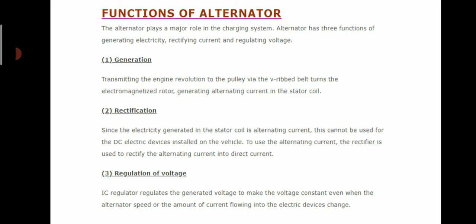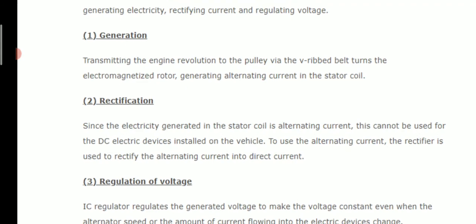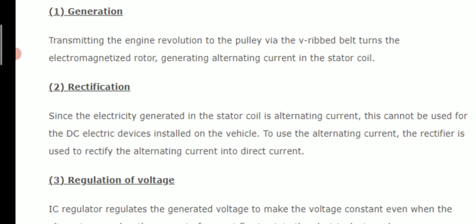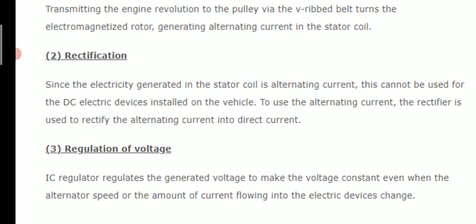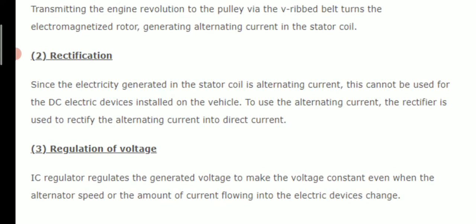What is the function of the alternator? Number one is generation. Transmitting the engine revolution to the pulley via the V-ribbed belt turns the electromagnetized rotor, generating alternating current in the stator coil. Second is rectification. Since the electricity generated in the stator coil is alternating current, it cannot be used for the DC electric devices installed on the vehicle.